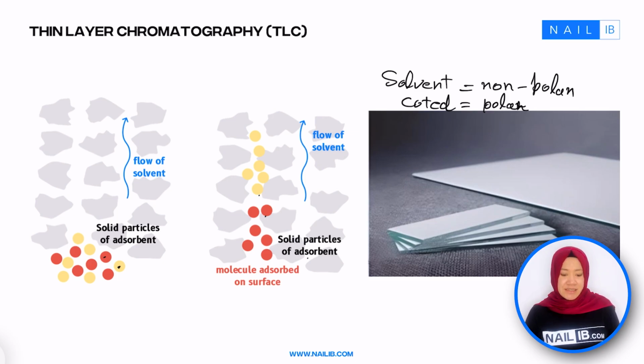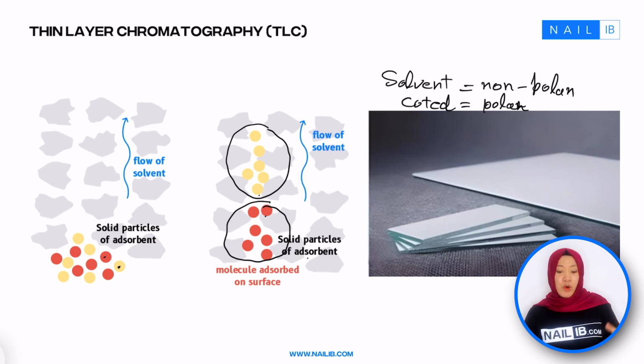And you see this moves slower compared to yellow. It means that yellow is a non-polar component, because the more readily it dissolves in the solvent, the faster it travels. This one is a non-polar component, and this one is obviously polar.